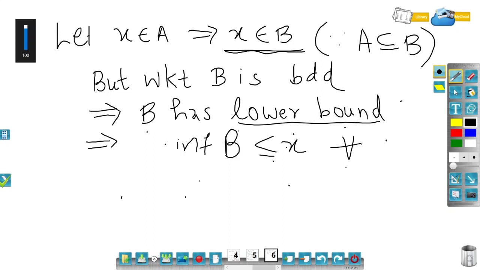But where does x belong? We started with x belonging to A. For every x belonging to A. Why do I say every x? Because we started with a random or arbitrary x.